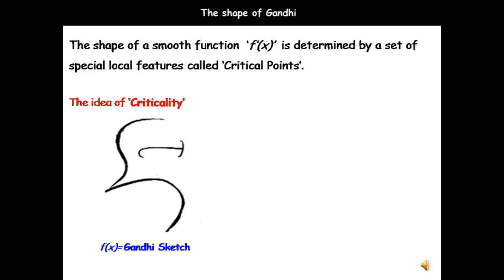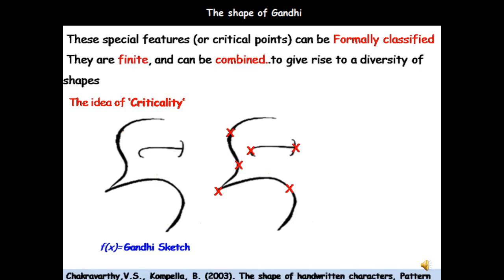Let us try to understand this using an example of a simple sketch of Gandhi. This is the side view of Gandhi. Now if you look at it carefully, there are some special events happening all along the trajectory which we would like to extract.